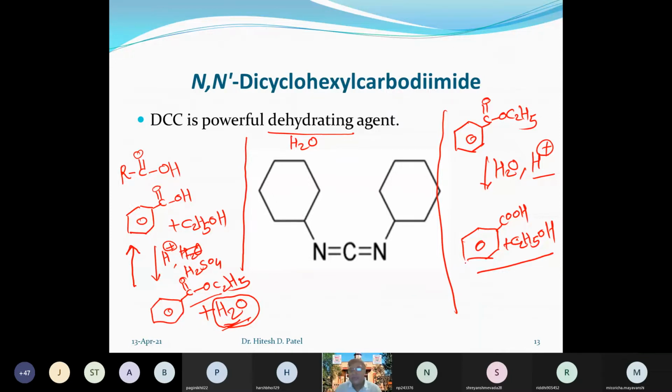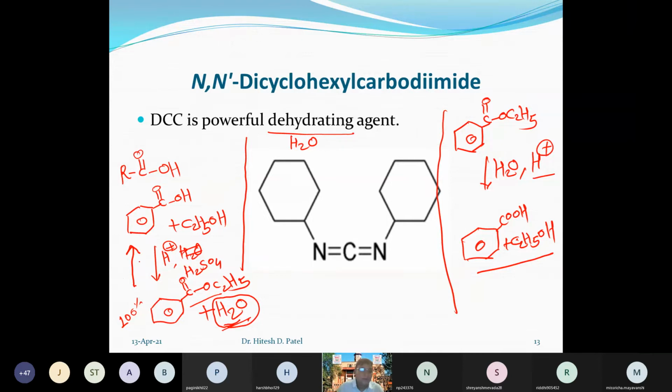When the reaction is reversible, can we get 100% conversion, meaning ethyl benzoate only? No. We will always have a mixture of benzoic acid, ethanol and ethyl benzoate.